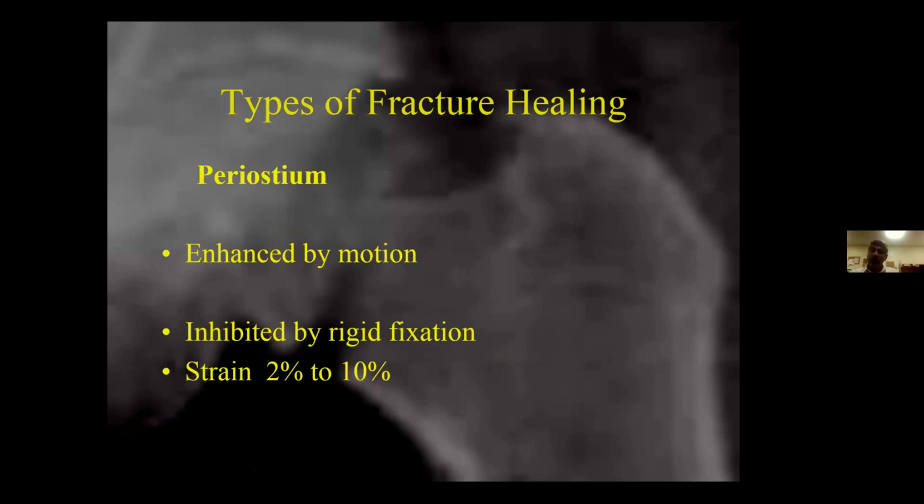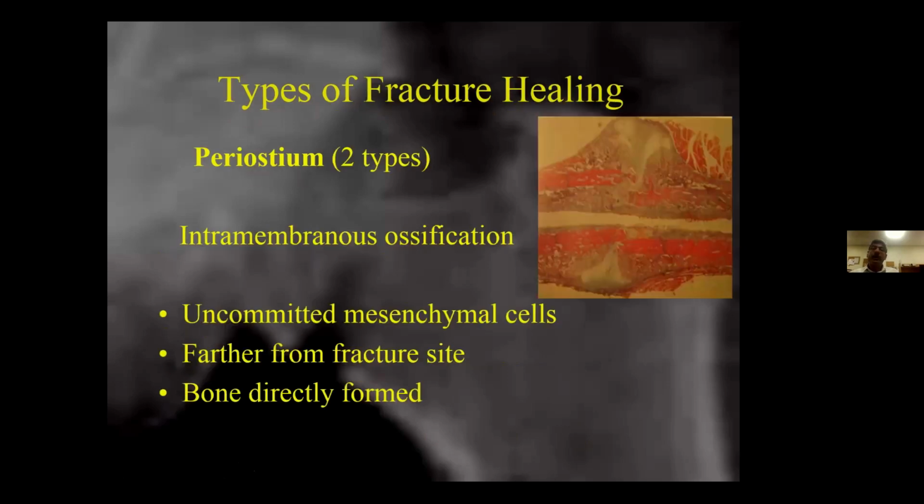And this is when you have your other forms of healing like cast braces, etc. And I do know, like I said, if the periosteum is giving this type of healing, the secondary healing, in the intramembranous ossification part of the periosteum healing, I do know that uncommitted mesenchymal cells, so use this word and try to use the word uncommitted mesenchymal cells, further from the fracture site. So tell the examiner, I'm drawing the fracture, and further from the fracture site, they form bone directly.